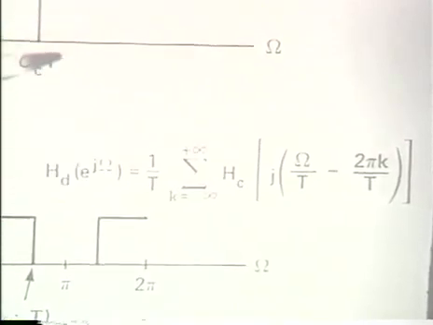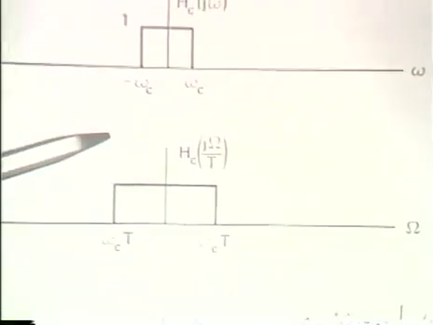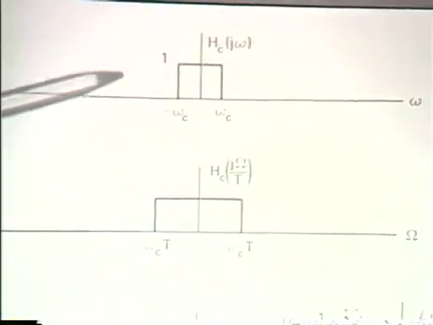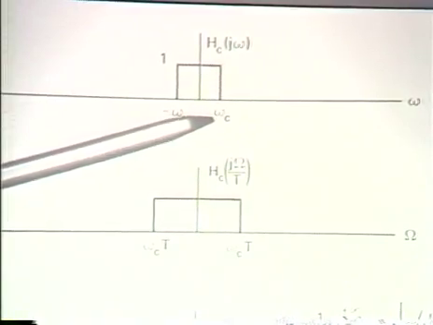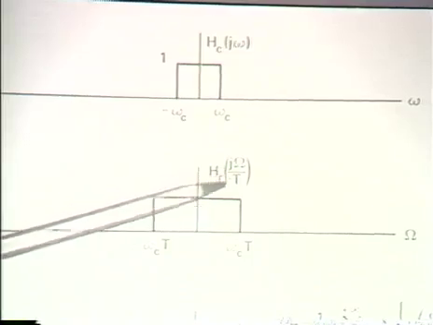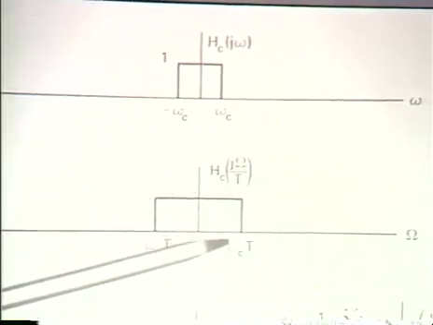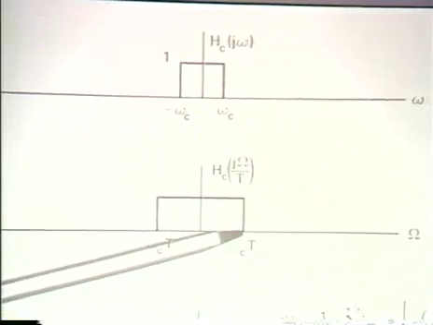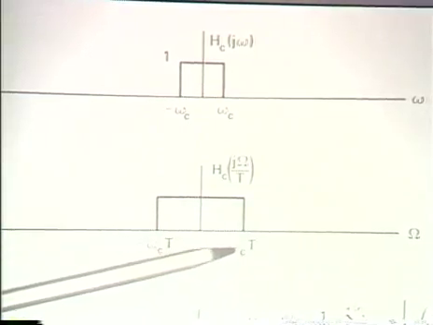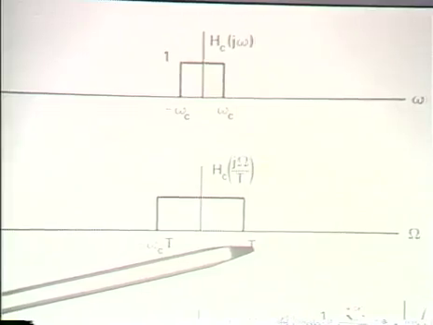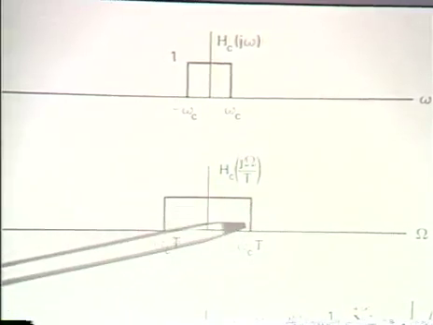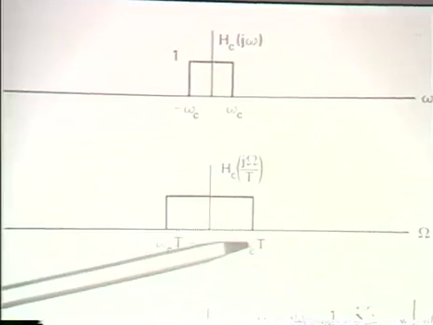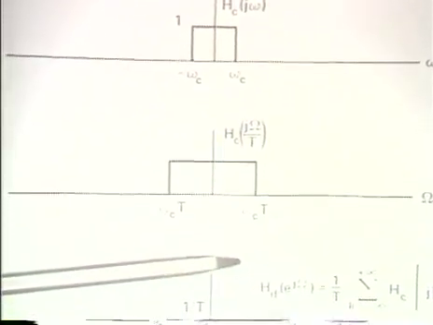So if this is the continuous time frequency response, just simply an ideal low-pass filter with a cutoff frequency of omega sub c, then the frequency scaling operation would keep the same basic shape, but linearly scale the frequency axis so that we now have omega sub c times capital T. And then the discrete time frequency response would be a superposition of these added together at multiples of 2 pi in discrete time frequency.